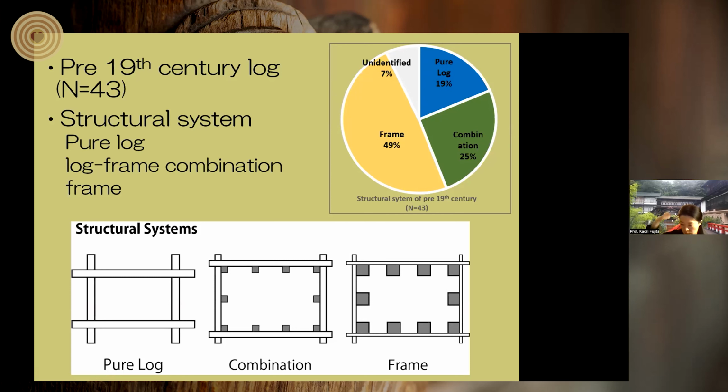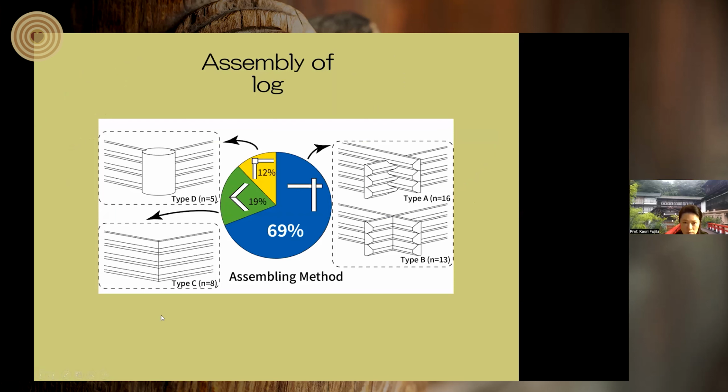Some part of the vertical load is carried by the columns, some by the walls, and the differentiation is very difficult, so we call this combination. 50% is actually post and beam frame construction, and the log system is only the exterior wall. And for 7% we could not understand the structural system from on-site investigation and literature survey. So actually the pure log system is not the majority, as you can see.